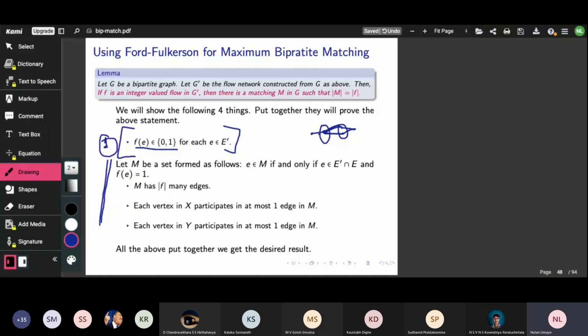Ma'am, but in these paths, the edge from S to that vertex is common, right? Yeah. We are going to use something similar in order to say that there is at most one edge leaving X and at most one edge entering Y. You're absolutely right. Isn't the SV1 edge repeating?